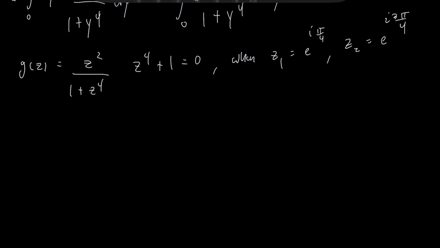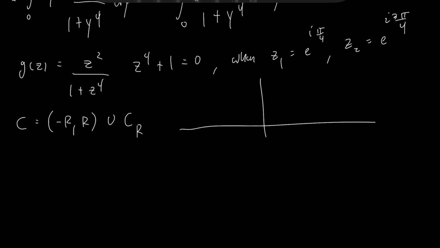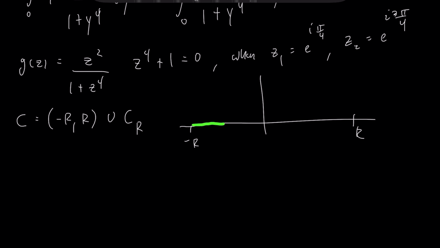And we'll construct a contour C, which will go from minus r to r, union a semicircular arc. And what this looks like is, we have minus r to r, and it's going to be connected like this, and it loops back around like this, which is the arc.